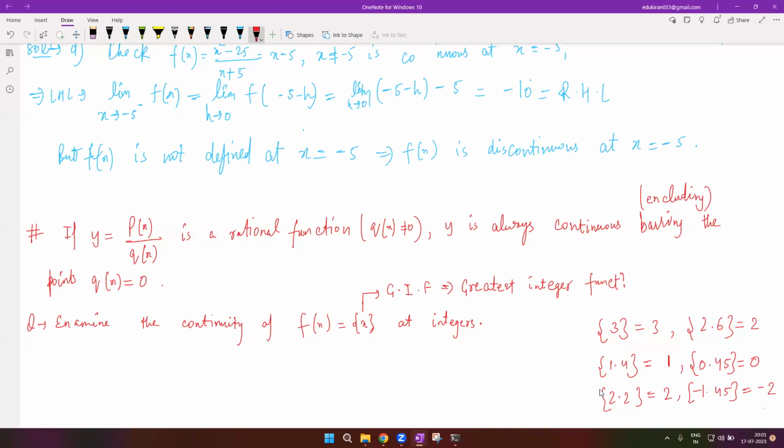Okay, let's make it easy. Other than integers, I am giving you a point at x equals 2. We need to check it for x equals 2. Let's solve it with me. I am first finding out LHL at x equals 2.